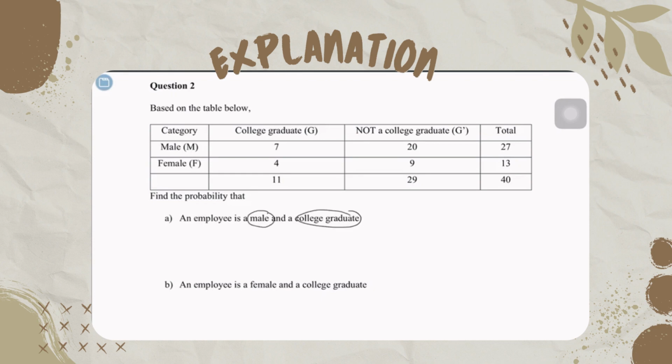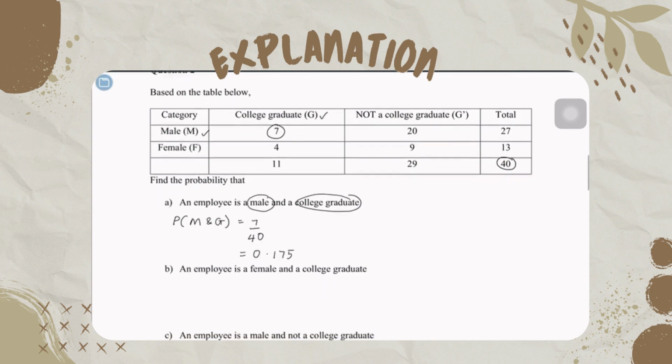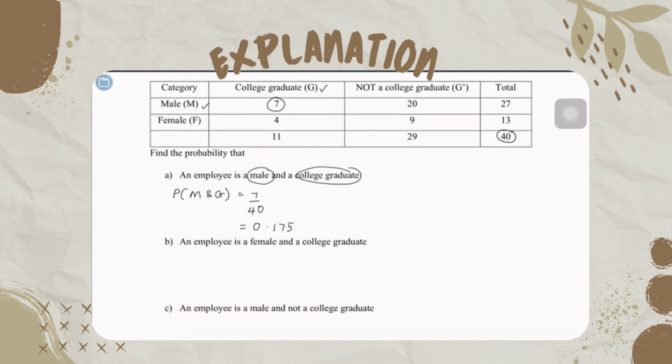The keywords are male and college graduate, and the formula is probability of male and college graduate. Male college graduates are 7, and the total is 40. So 7 divided by 40, and we get 0.175.